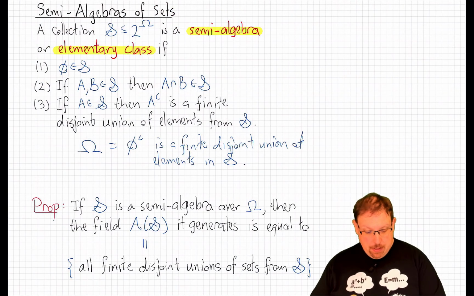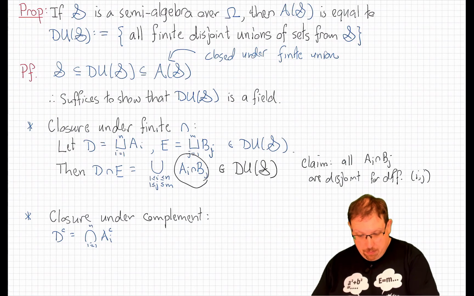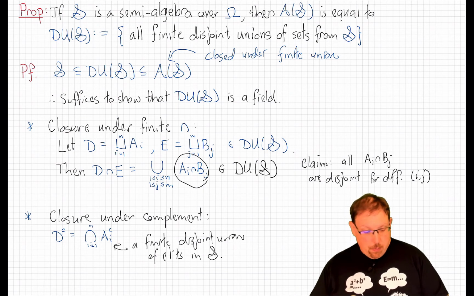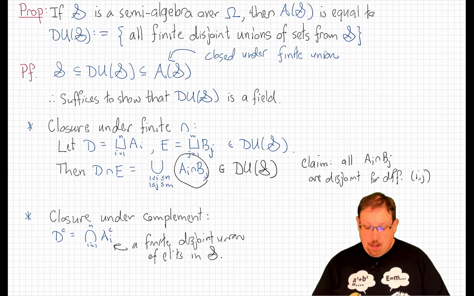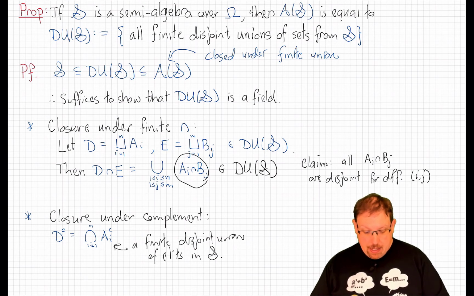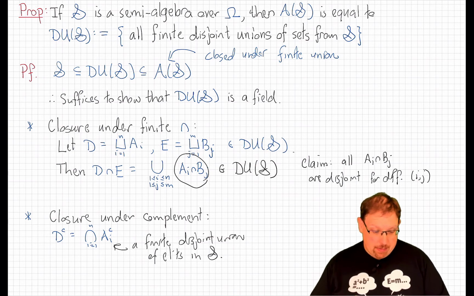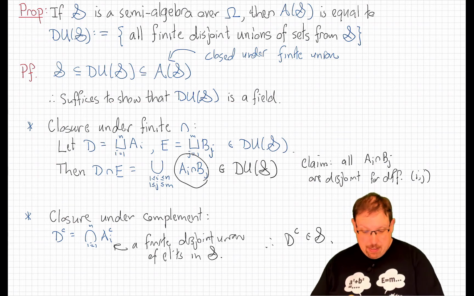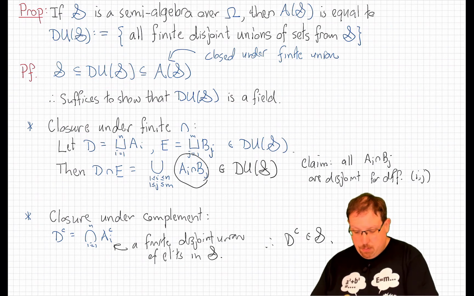Now, by definition, right here, the complement of the set Ai is itself a finite disjoint union of elements in S. And so what we have here is an intersection of disjoint unions of elements in S. But again, employing De Morgan's laws, we can rewrite that as a disjoint union of elements of S. And we can conclude, therefore, that D complement is in du of S. That shows that du of S is a field and concludes the proof.